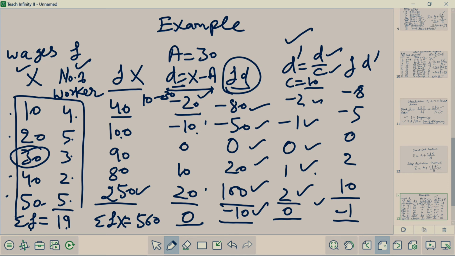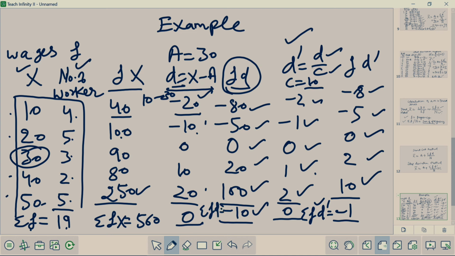So minus 2 into 4, that is minus 8; minus 1 into 5, minus 5; 0 into 3, 0; 1 into 2, 2; 2 into 5, 10. So this is sigma f d dash, that is minus 1, right? And this is our sigma fd, that is minus 10.